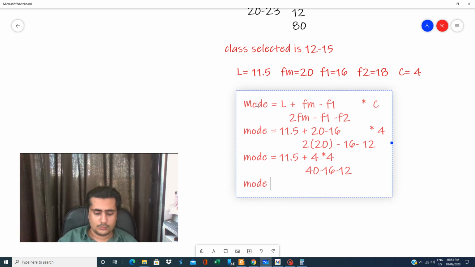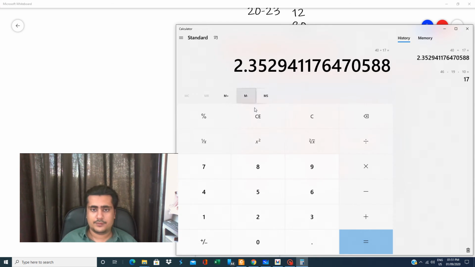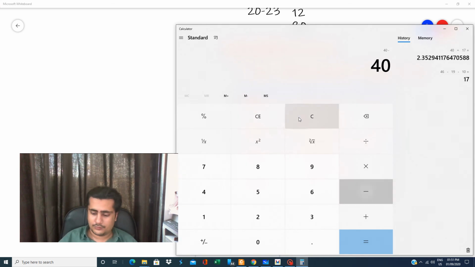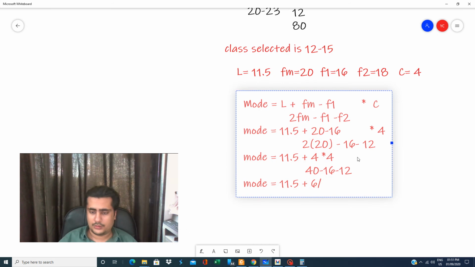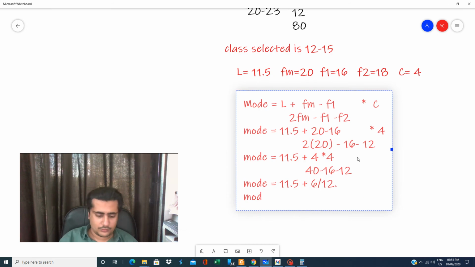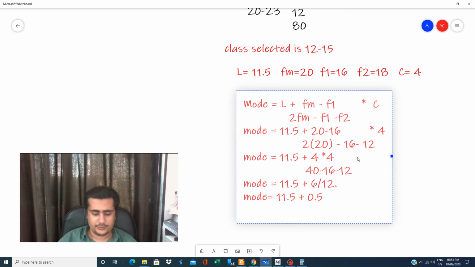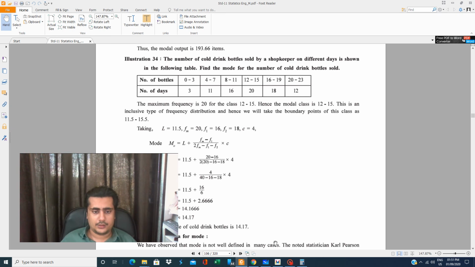So mode is equal to 11.5 plus 6 upon 40 minus 16 minus 12. So your mode is equal to 11.5 plus 0. So your mode is equal to exact 12.